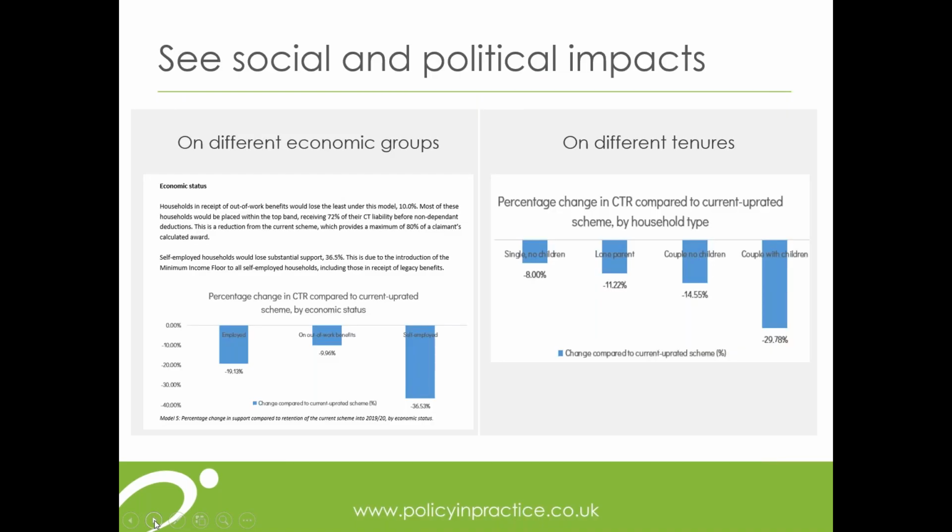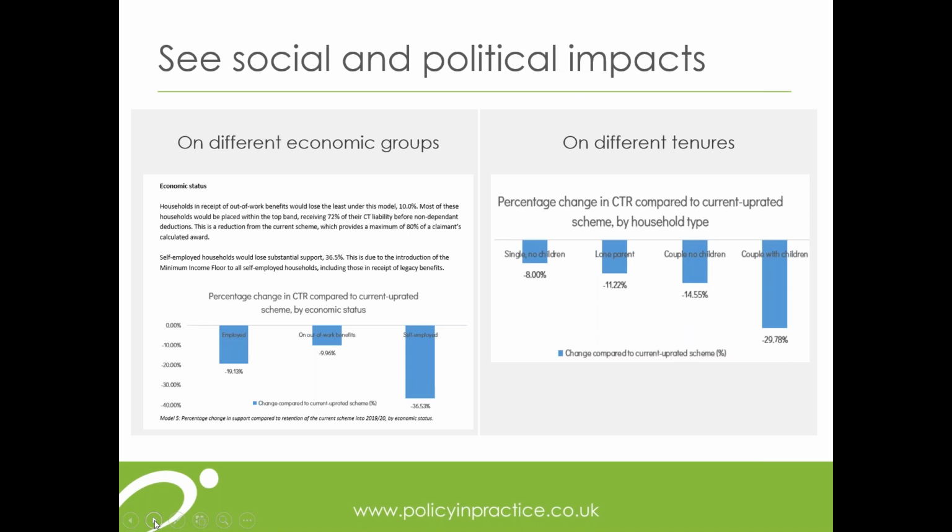We also provide quite detailed reports on the social and political impacts of each model in terms of graphs, where you can see where the largest cuts are being made by various cohort types. So to save time, I'll just focus on the economic status.